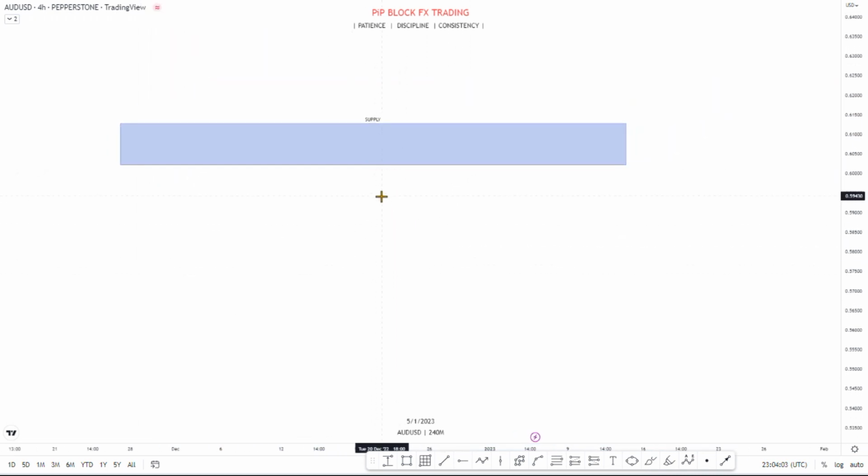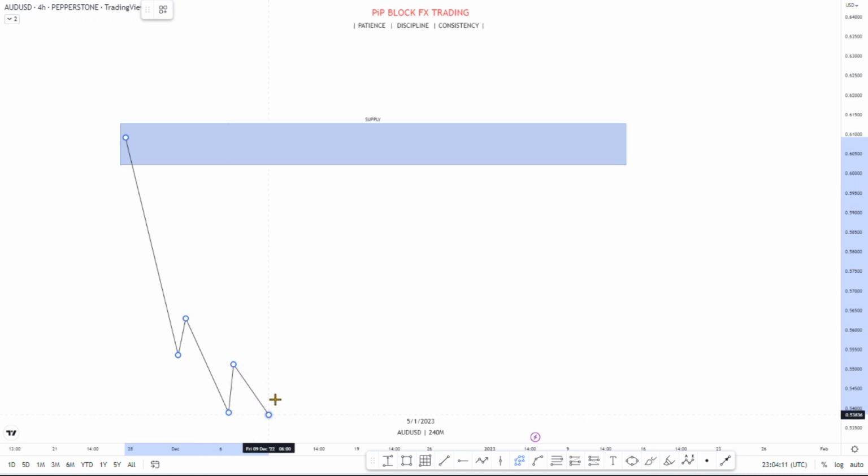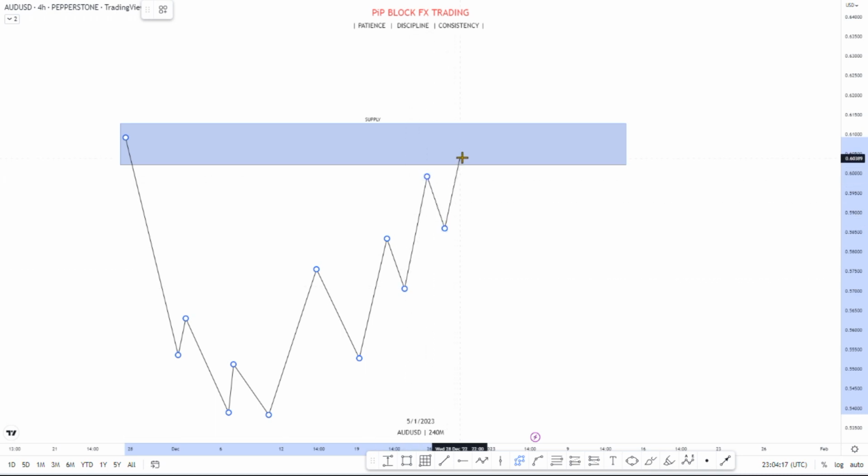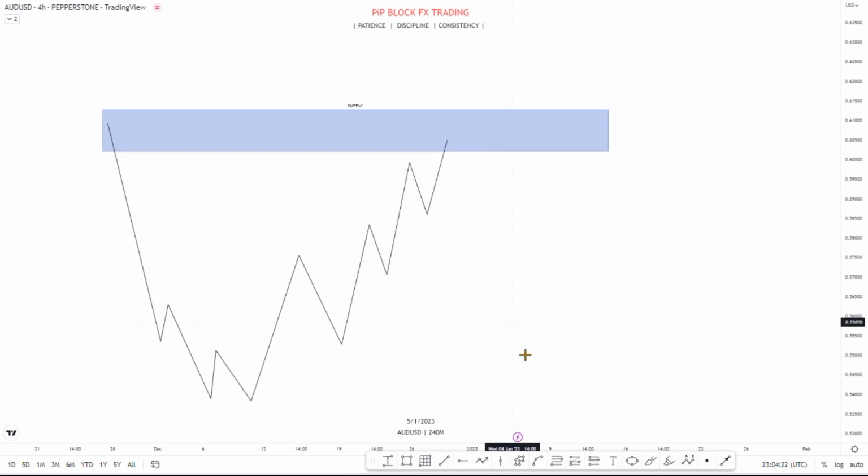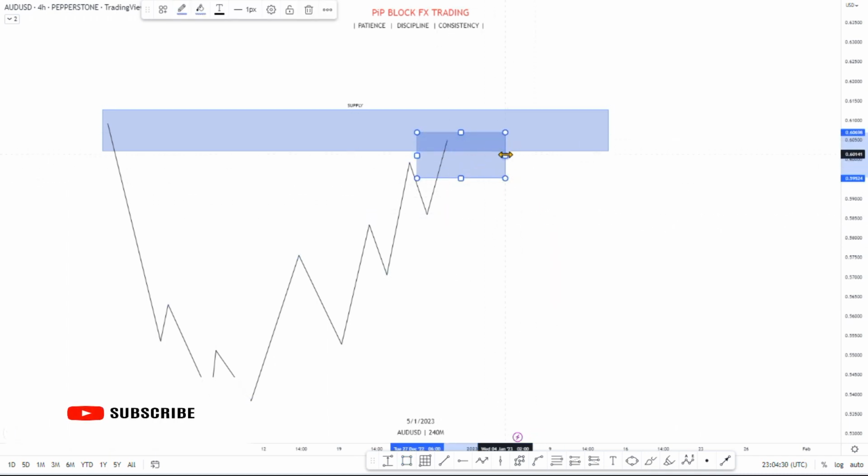Market comes down, creates structures, and then you see the market coming to the side. Now the moment the market gets into this side, one thing you notice is price gives an entry with its CHoCH.